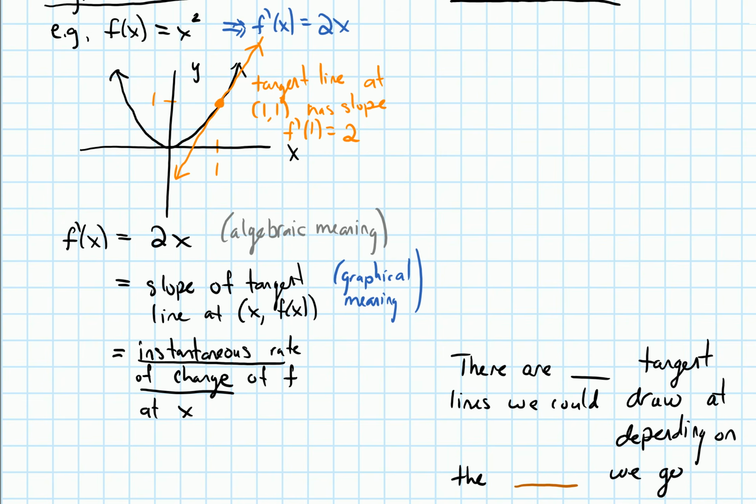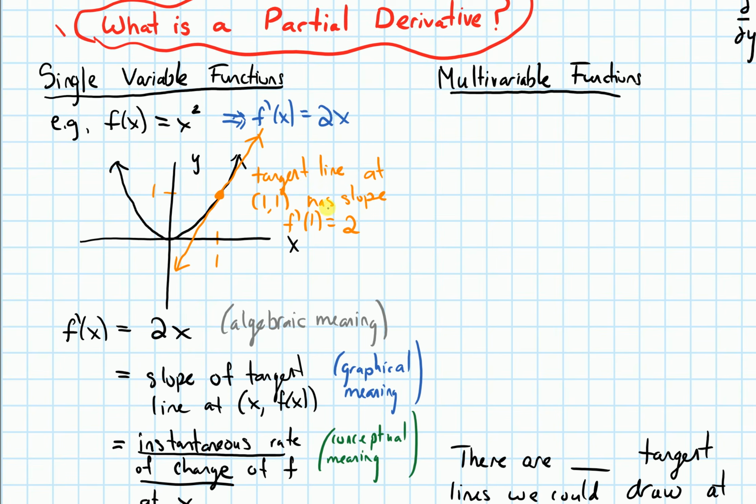Sometimes to abbreviate this, we call instantaneous rate of change, at least I like to call it IROC, for the instantaneous rate of change. So I think of this as sort of a conceptual meaning for the derivative. It's an instantaneous rate of change. This value 2 sort of represents how quickly the function's value, so the function's outputs, are changing as we let x, or the input, change a little bit.